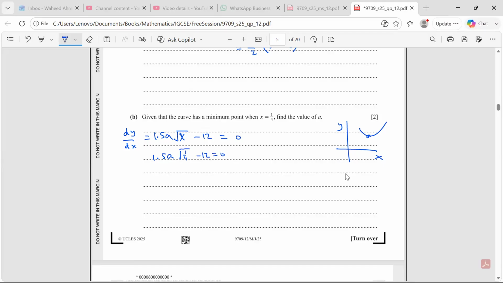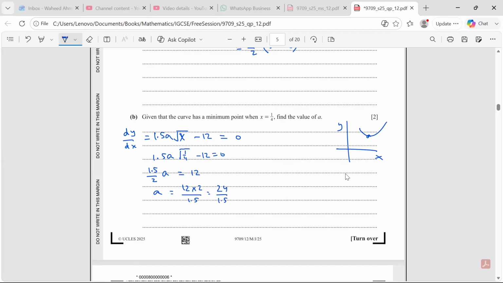So basically the root of 1 by 4 is 1 by 2. So 1.5a over 2 is equal to 12. So a is equal to 12 times 2 divided by 1.5. So this is 24 over 1.5.